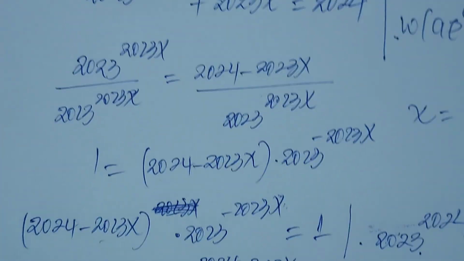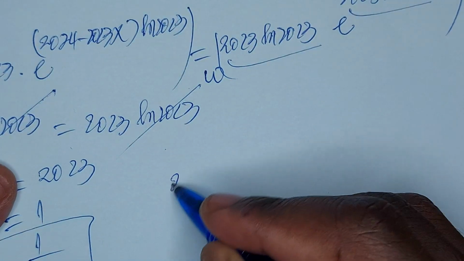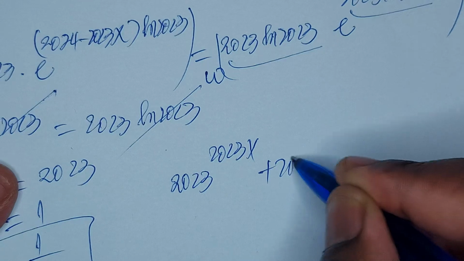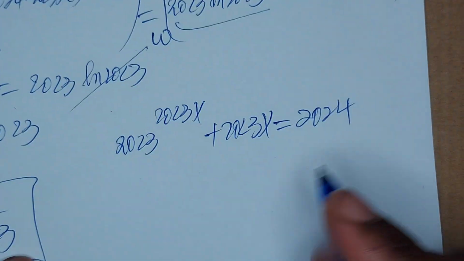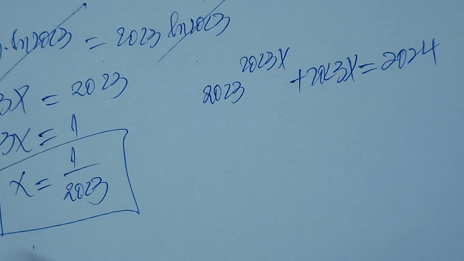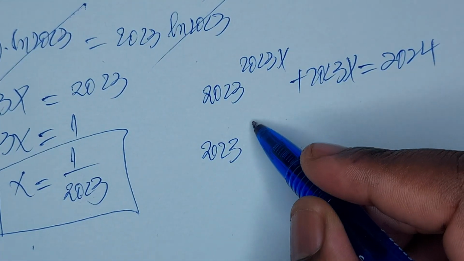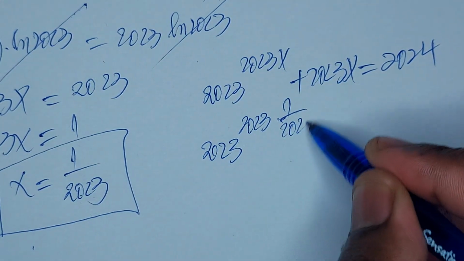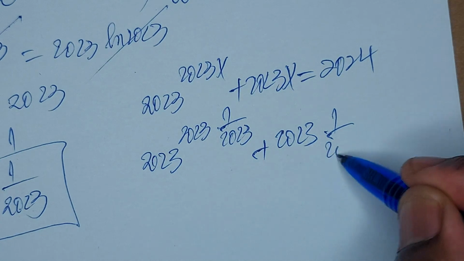Now let's check our solution. We have in our equation 2023 to the power of 2023x plus 2023x equals 2024. If x is 1 over 2023, we have 2023 to the power of 2023 times 1 over 2023, plus 2023 times 1 over 2023.